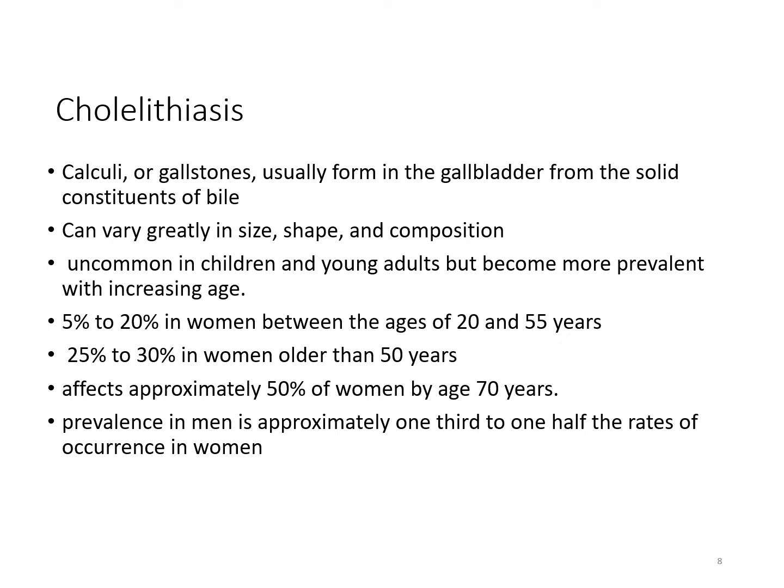You have some statistics here, and you don't have to memorize these, but 20 to 50% of women between the ages of 20 and 55 can get stones, and also 50% of women by the time they're 70. Just know that this is out there and can happen. And prevalence in men is approximately 1/3 to 1/2 the rate of occurrence in women. So just know that this is a possibility.